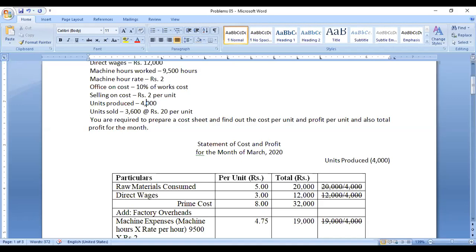The raw material is converted into finished goods in the factory, but all the 4,000 units are not sold out in the market. Only 3,600 products are sold. The remaining 400 is called closing stock of finished goods.